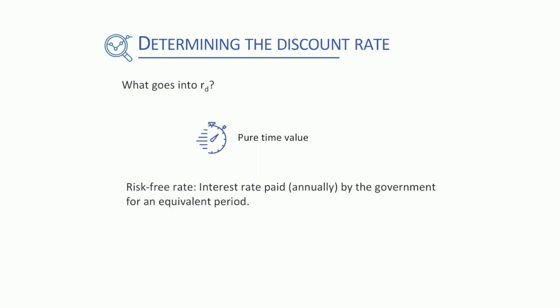Really, the element of the discount rate that adjusts for time value of money is what we call the risk-free rate. And this is usually the interest rate that is paid annually by the government for an equivalent time period to the project that we are looking at.